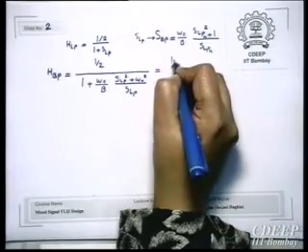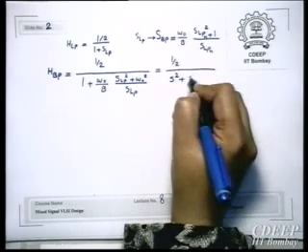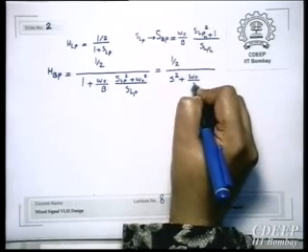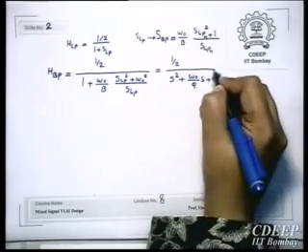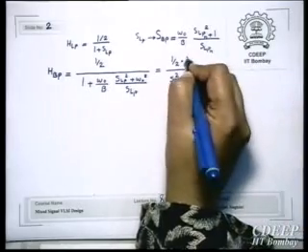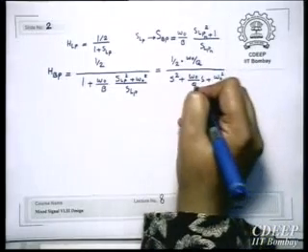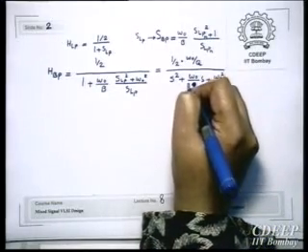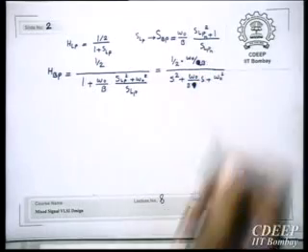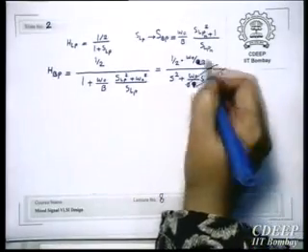You will be getting this, and the simplified one will be 1 upon 2, S squared plus omega 0 upon Q into S plus omega 0 squared. Just a minute, let's calculate it again.